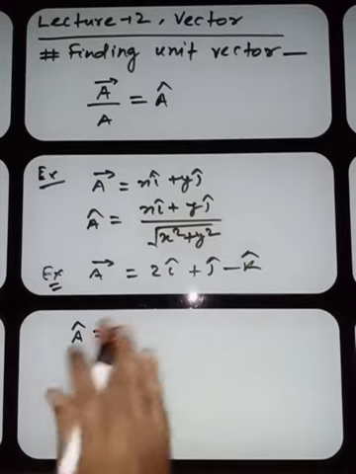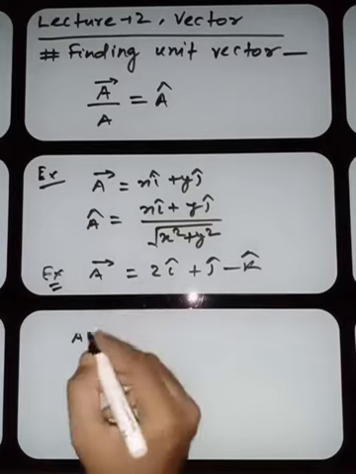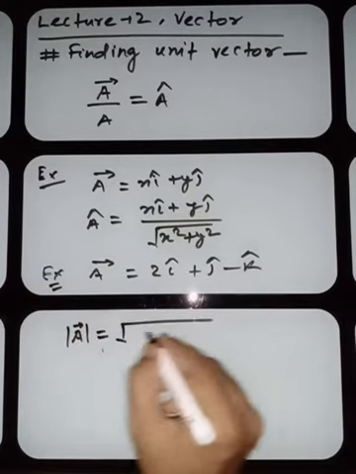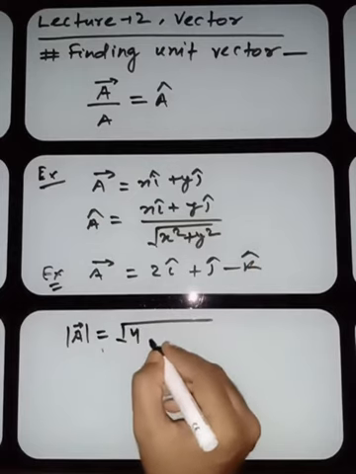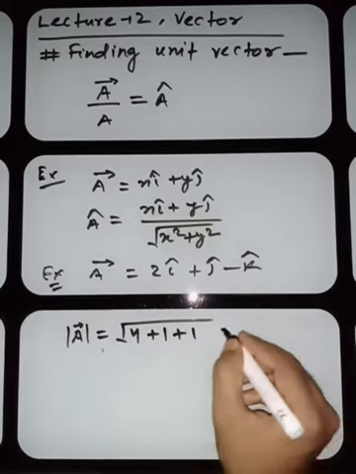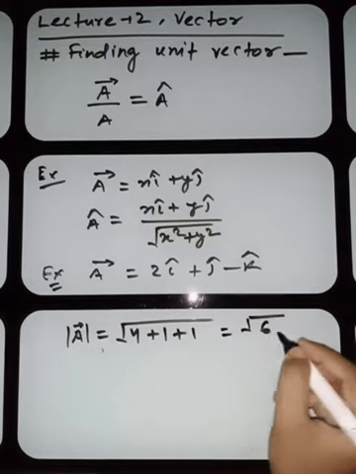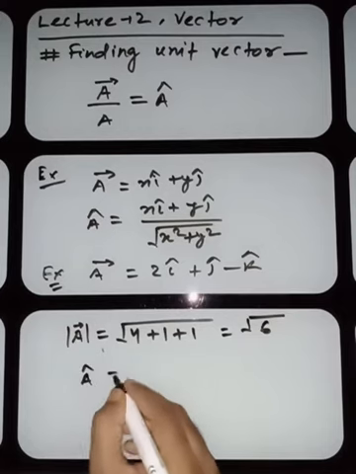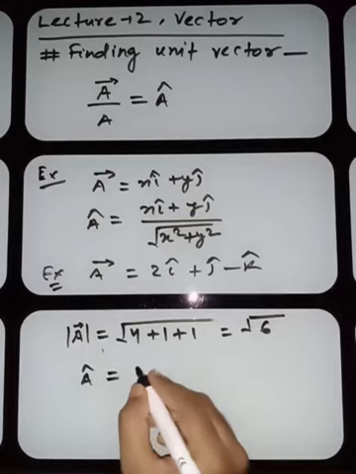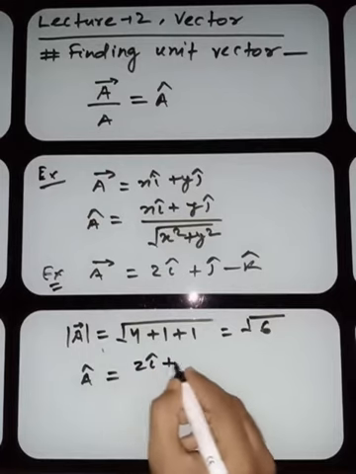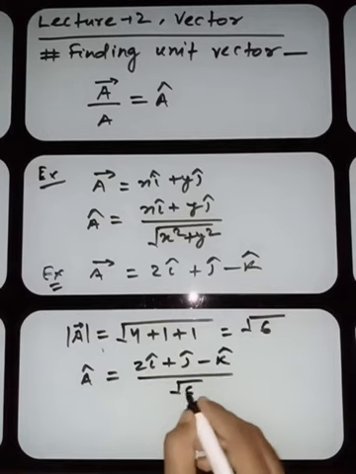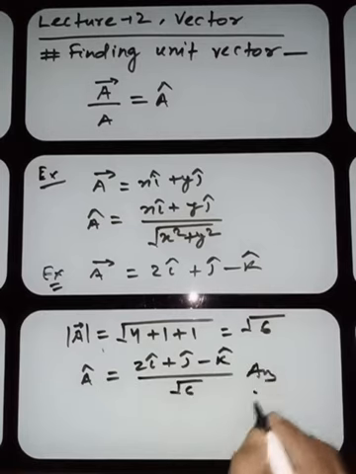First you try to find the magnitude of vector a, and you will find root under 2 square, it is 4, plus 1 square, it is 1, plus minus 1 square, it is 1, root under 6. And then a cap is equal to the vector a, 2i plus j minus k, divided by root under 6, and this will be your answer.